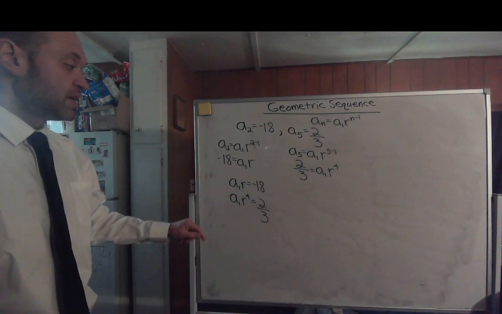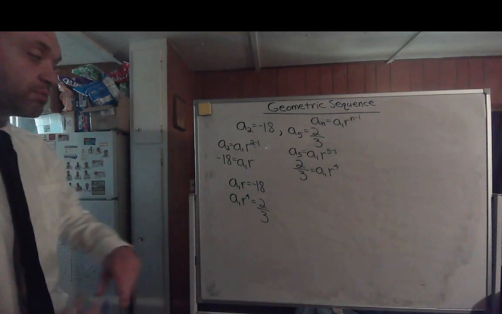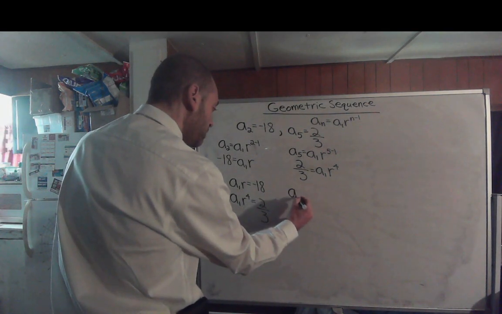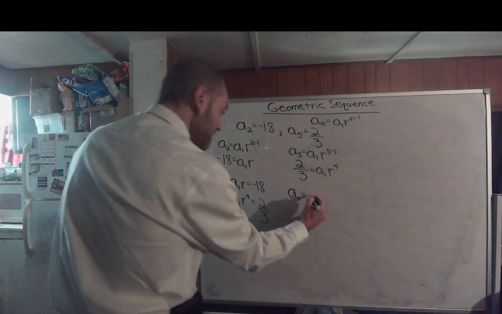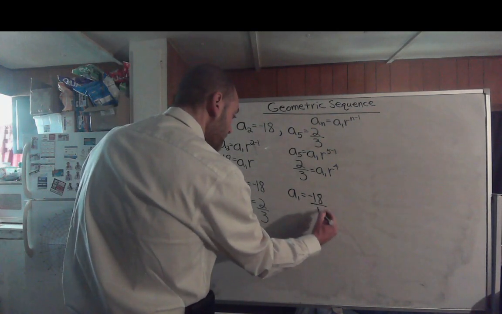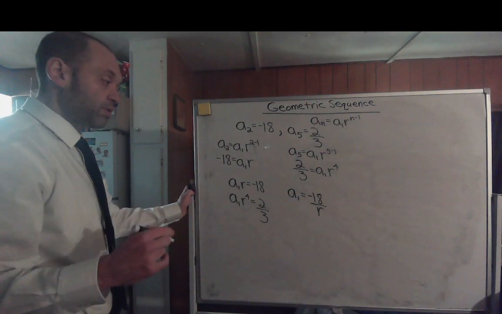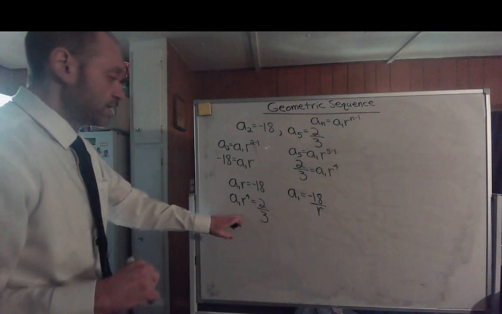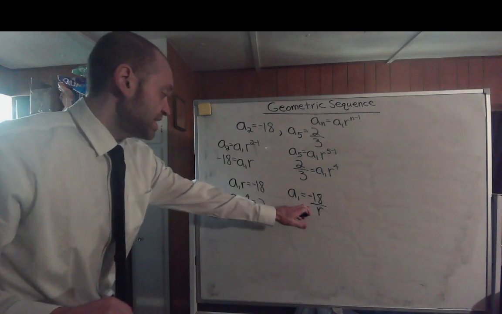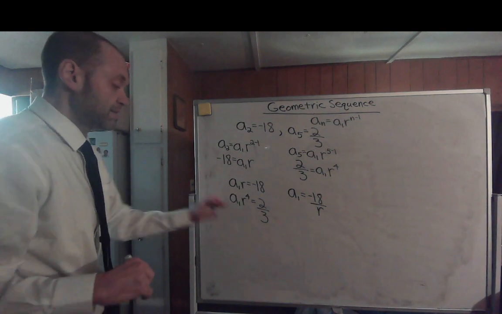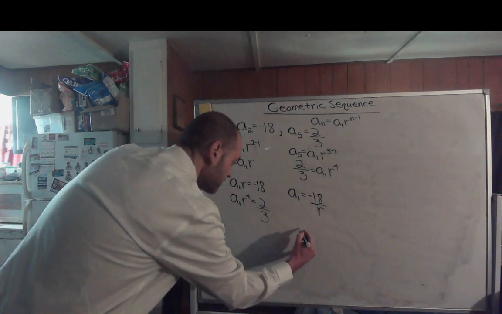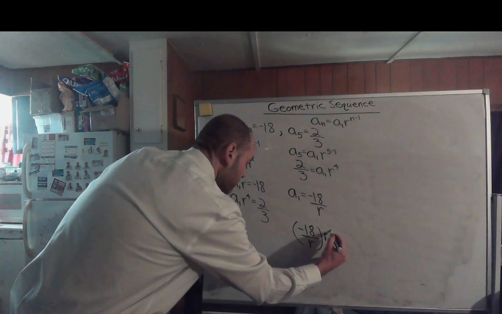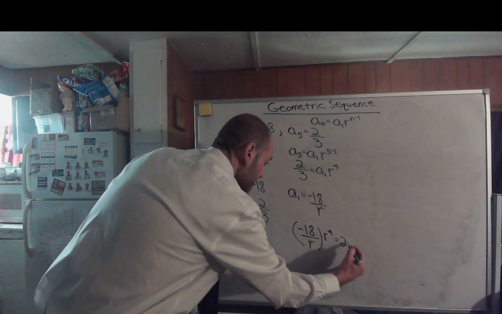So if you take a sub 1 times r equals negative 18 and solve for a sub 1, that means a sub 1 is going to equal negative 18 divided by r. Why is that important? Well, it'll become more apparent when we put it into the second equation. If we substitute that negative 18 over r in for a sub 1 in the second equation, you'll have negative 18 over r times your r to the 4th is equal to 2/3.